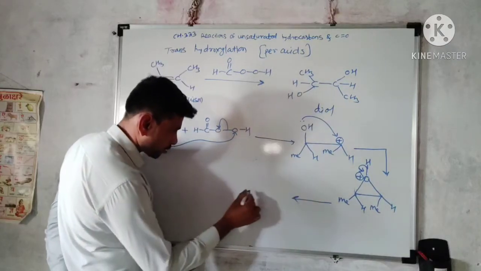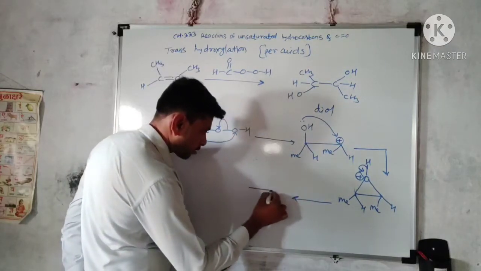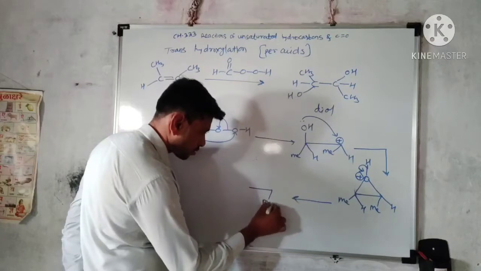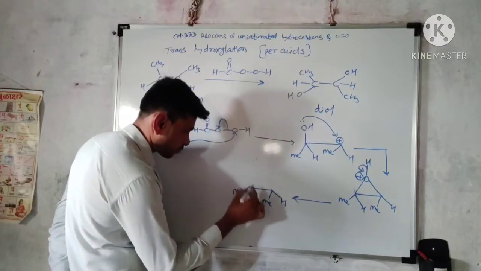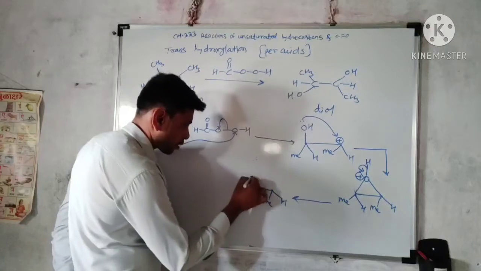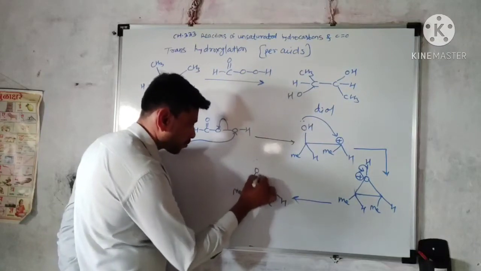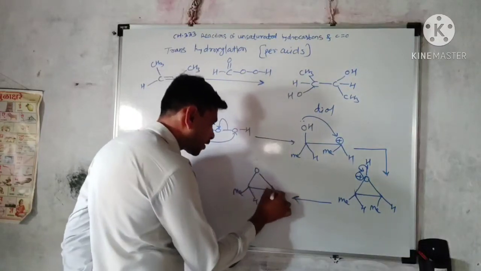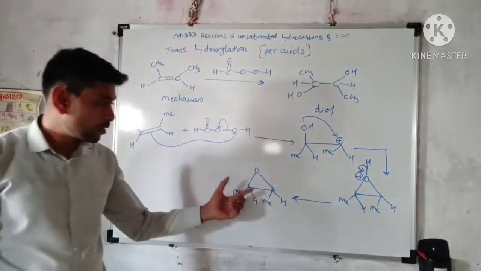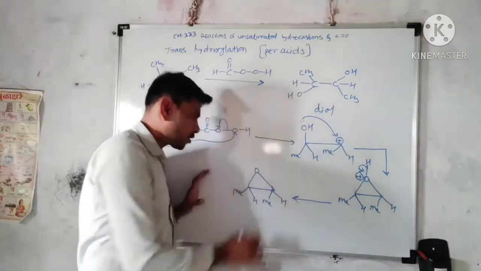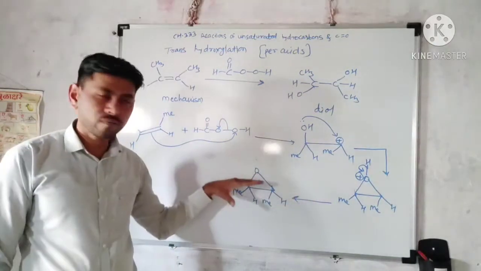Here OH with positive charge, this positive charge removed by removal of H plus, and we get the cyclic epoxide. Here also a cyclic intermediate there. Epoxide is a cyclic intermediate, but this is not our product by just removing the bond from oxygen.